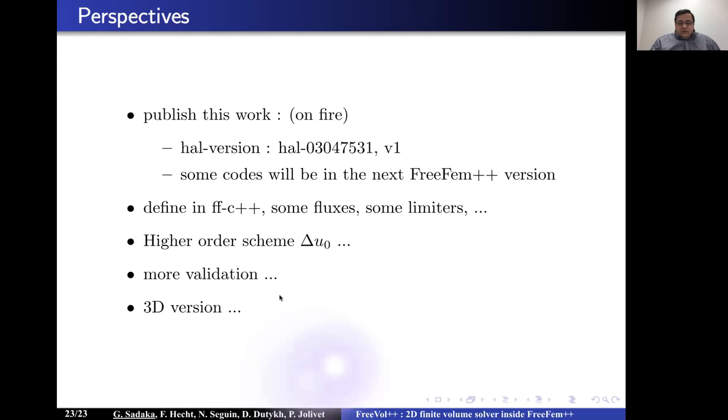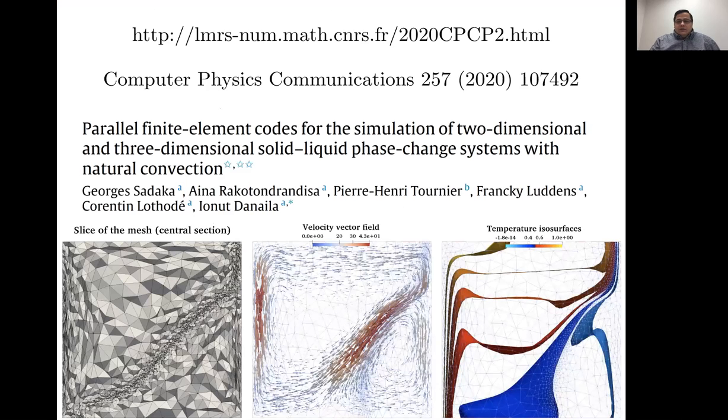At the end, since the ads are still offered by Frédéric before they become paid, I will make some ads for two works. The first work: we published a new paper, which is in 2D and 3D, on a solid-liquid phase change system with natural convection.